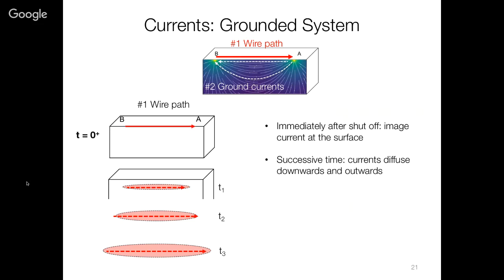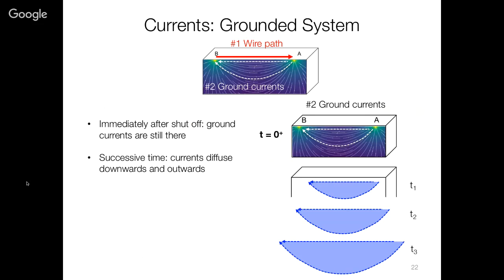Once you've got a current in the Earth, and you no longer have any forcing function to keep it there, it's just diffusing. It could diffuse away and go to zero. So the same goes for the ground currents.